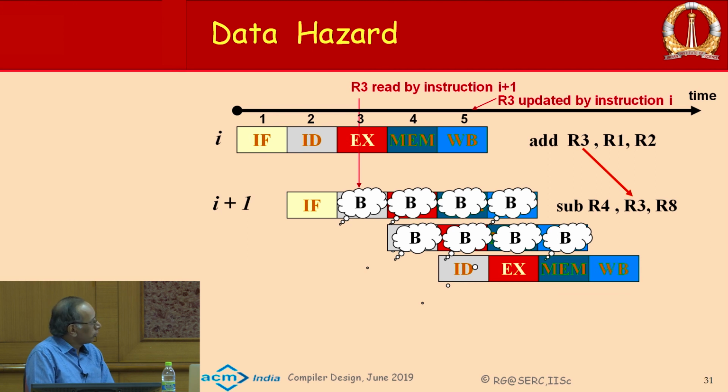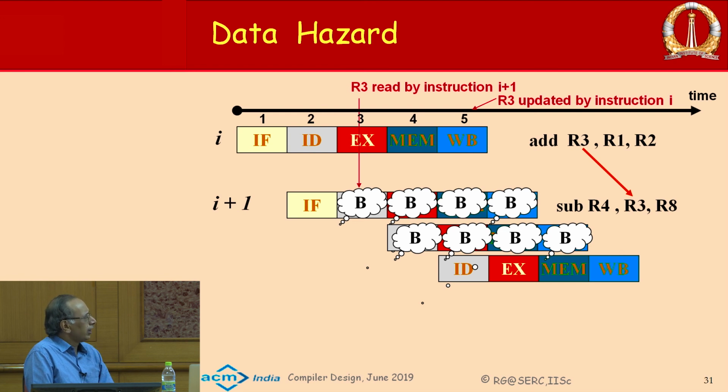So, here what you need to do is wait until this value is written in this location. So, I will stall this instruction even in the next cycle, and if my hardware is intelligent enough that this writing takes place during the first half of the stage and I can possibly read it in the second half of the stage, then this instruction can do the read in cycle 5.